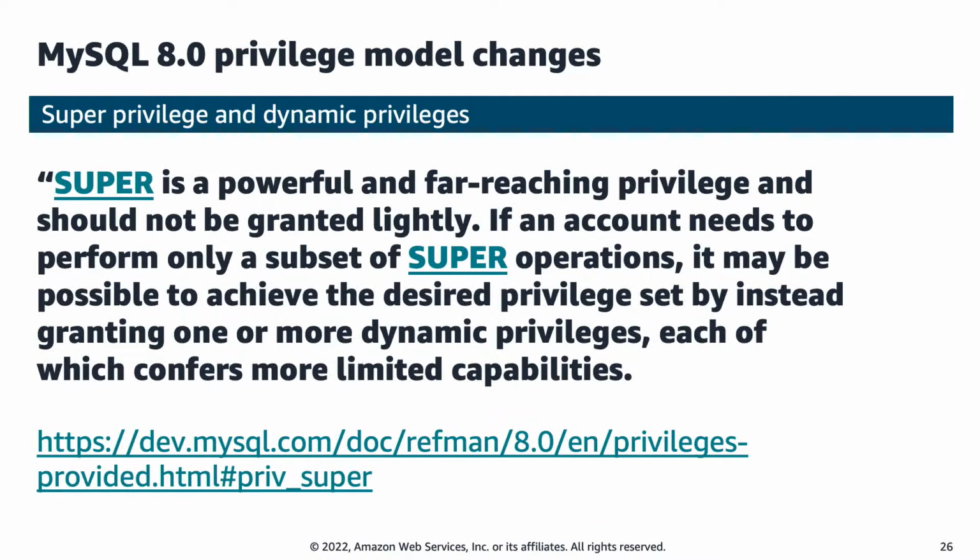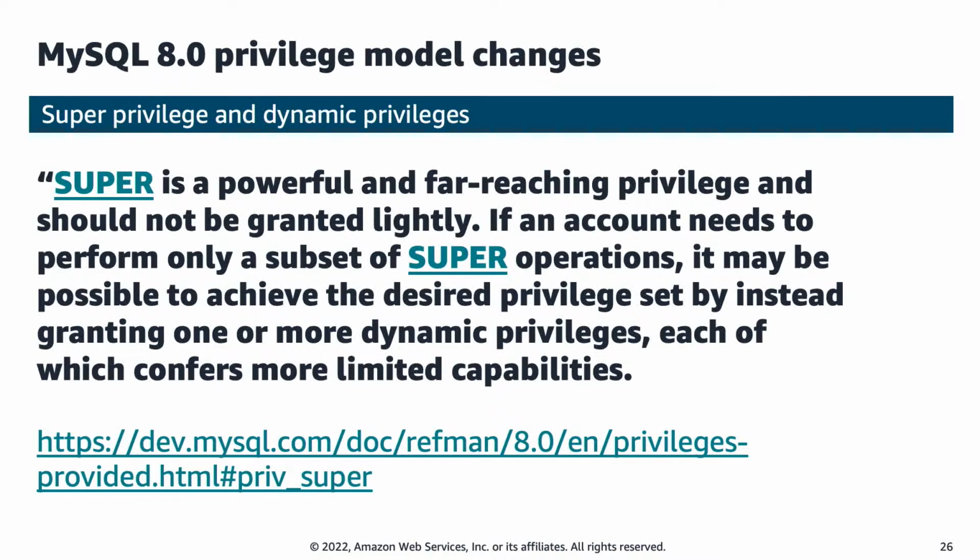All right. Another very interesting feature, another thing that I have always been looking for over those years, is the split of the super privilege. Historically, in MySQL, if you had the super privilege, you controlled everything. And this is not very good from the security point of view, where you want to split your privileges and use a least privilege approach.